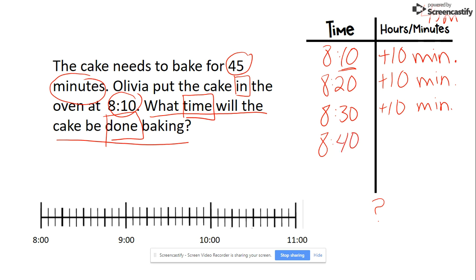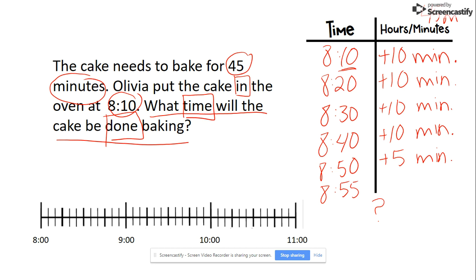I've only added 30 minutes so far, so I'm going to add another 10 minutes. I'm now at 8:50. So I've added 40 minutes. Now I just need to add 5 minutes. So 50 plus 5 would be 8:55. And that's what time Olivia is going to take her cake out of the oven.